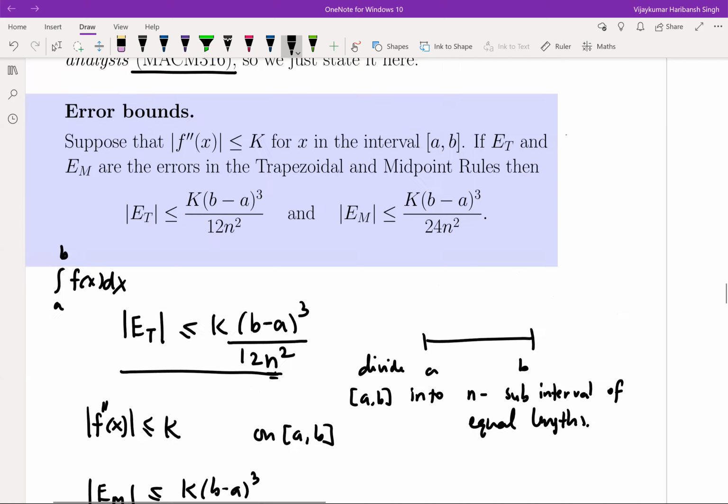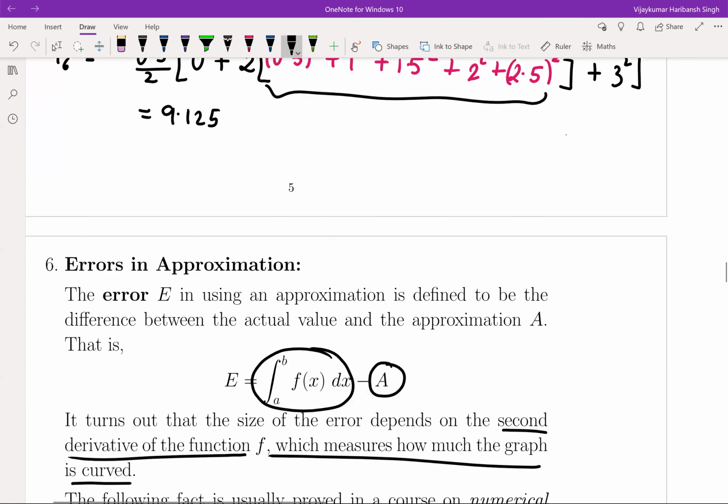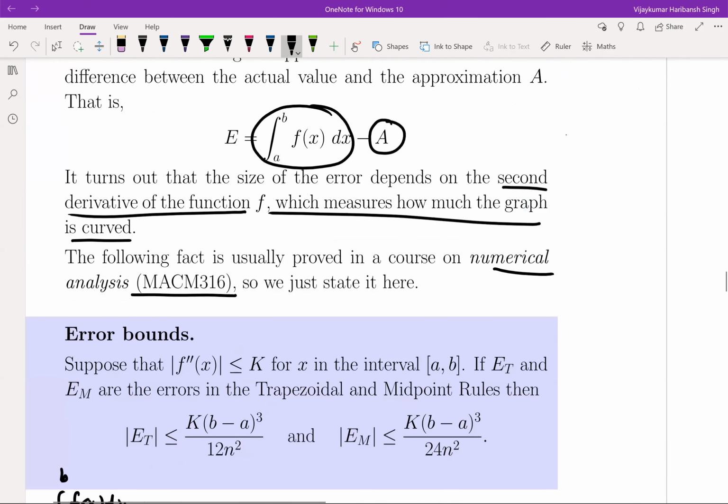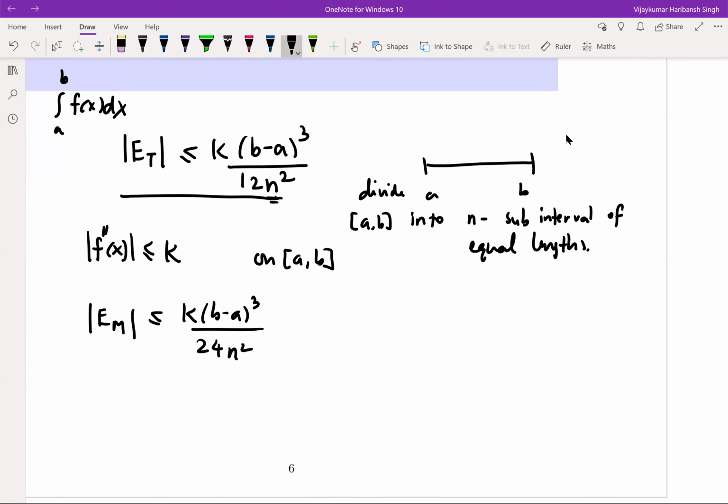So let's see, for example, what was the error in the question from the previous example, ET? The error was bounded by k times... what was the bound?